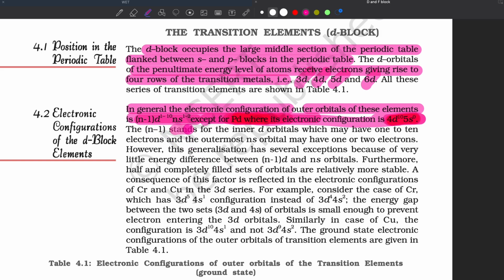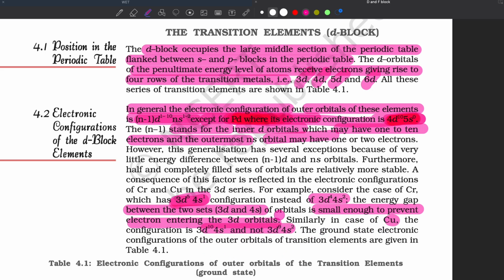So (n-1) stands for the inner d orbital, which may have 1 to 10 electrons, and the outermost ns orbital, and this is the general configuration. Chromium is 3d5 4s1 instead of 3d4 4s2, because the energy gap between the two sets of orbitals, 3d and 4s, is small enough to allow the electron to enter the 3d orbital. Similarly, in the case of copper, it is the same.